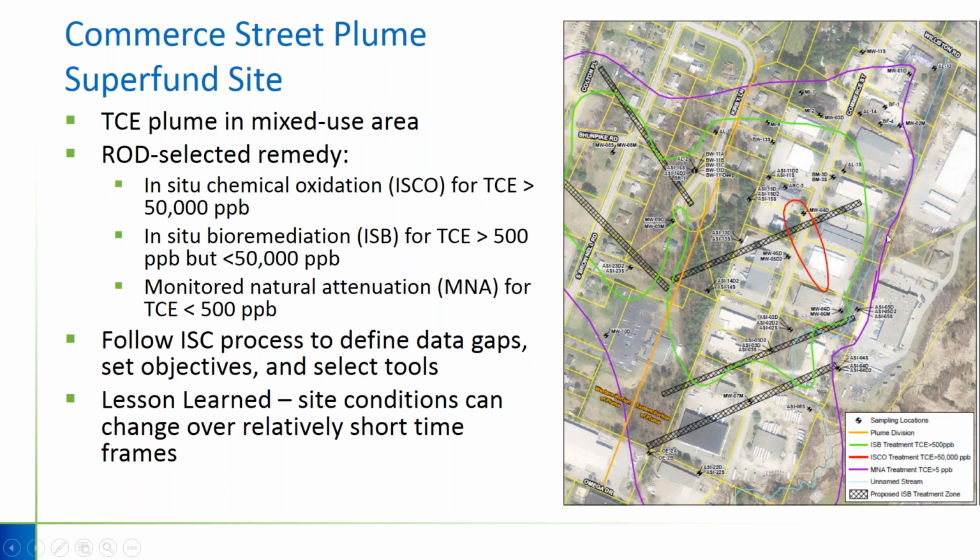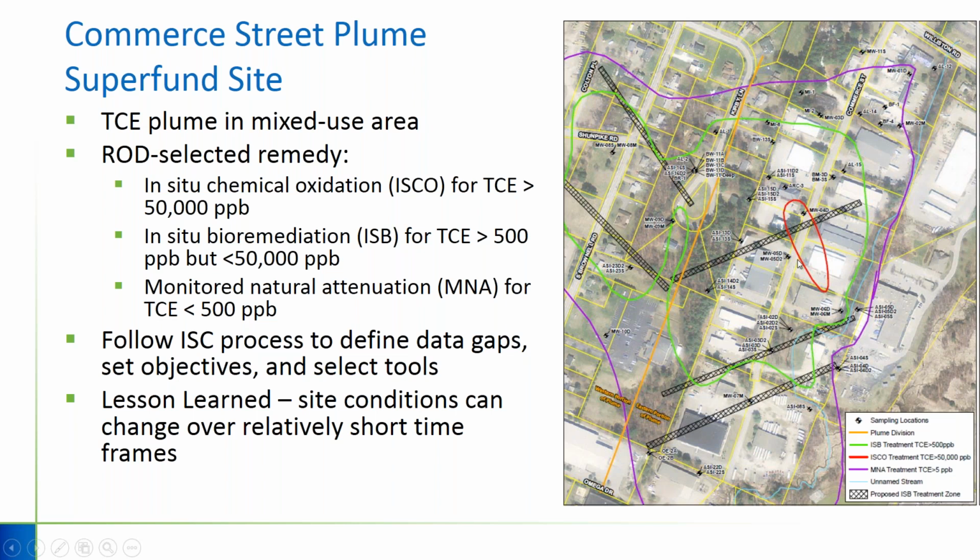The purple is TCE greater than 5 micrograms per liter, so that's the drinking water boundary or the MCL boundary. Within that, we have this green line, which is greater than 500. So the way the remedy was constructed, it's a multi-component remedy. The lower concentrations between the purple and the green, less than 500 and greater than 5, are going to be treated by MNA.